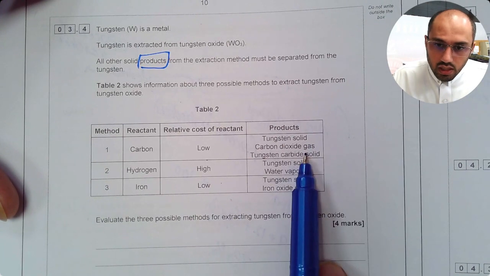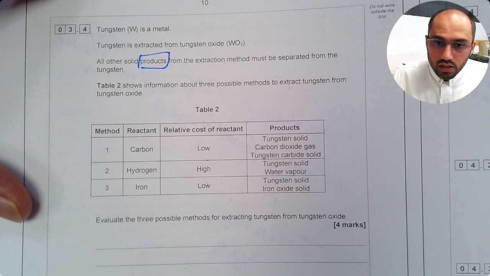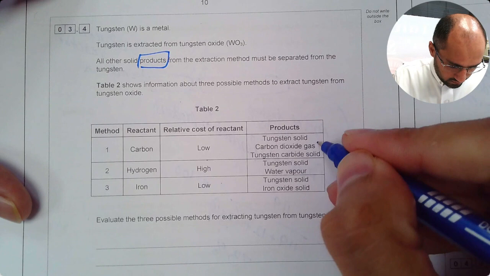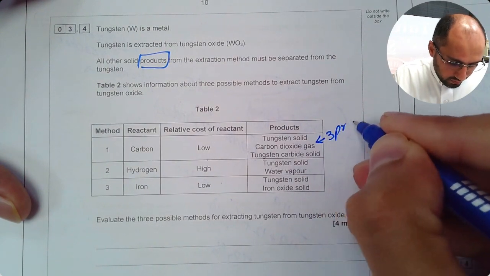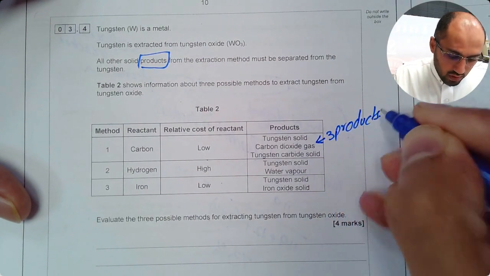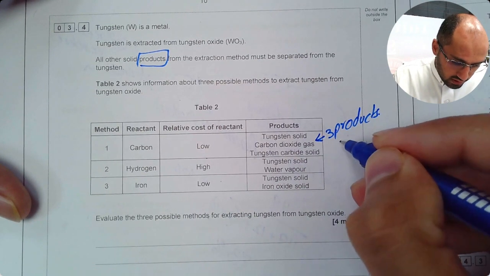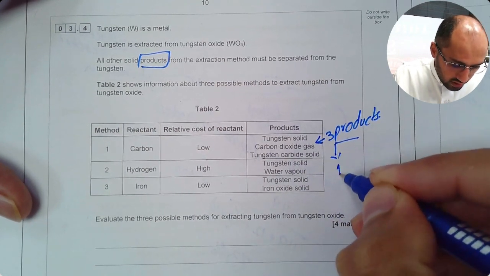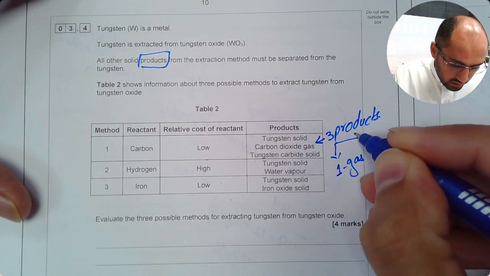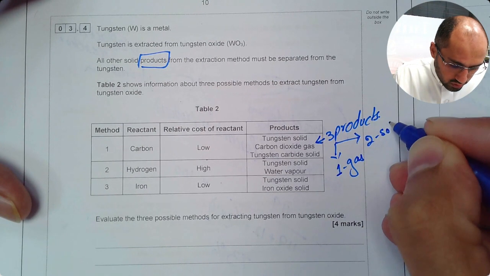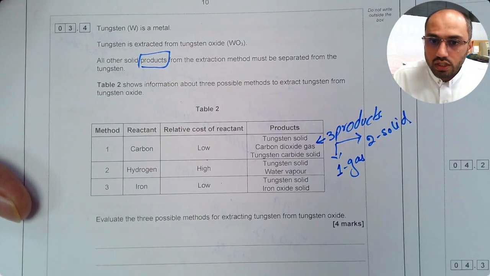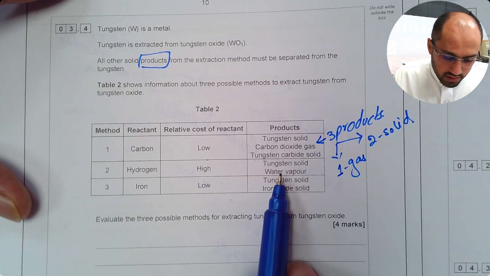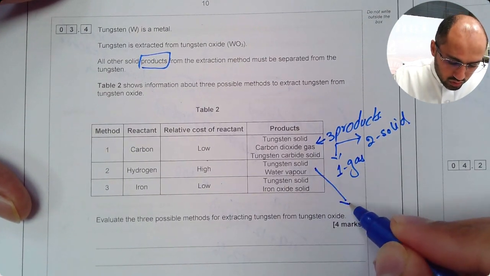In this case, I can see here there are 3 products. Out of these 3 products, 1 is gas and 2 are solid. So these solids will need to be separated.